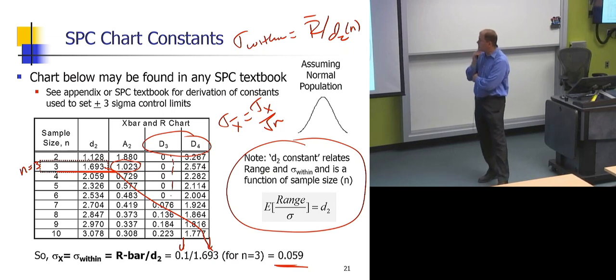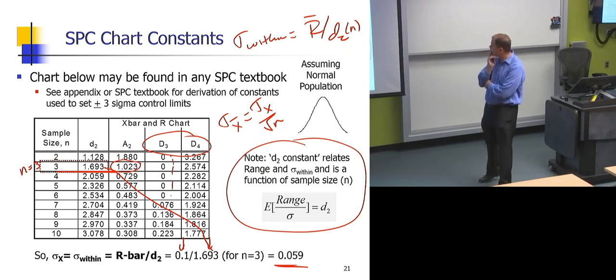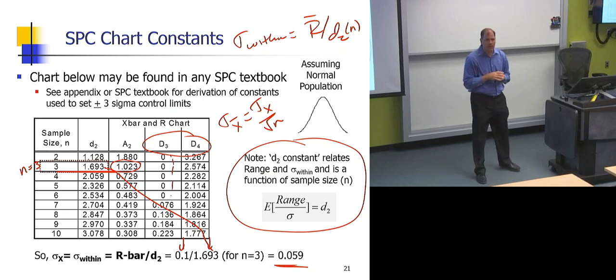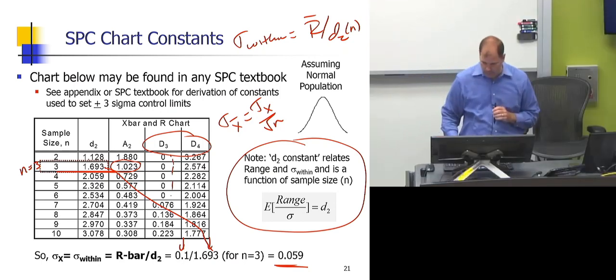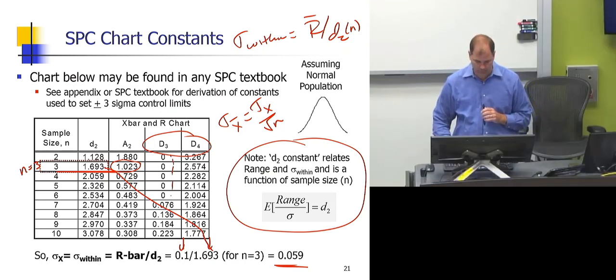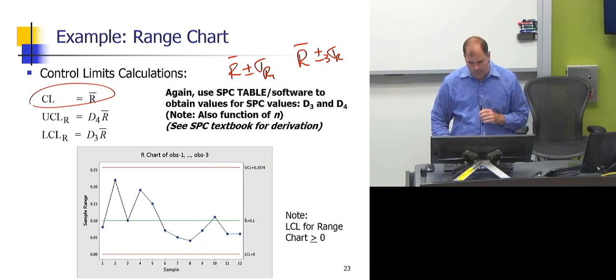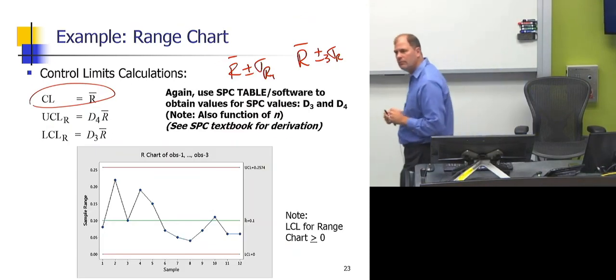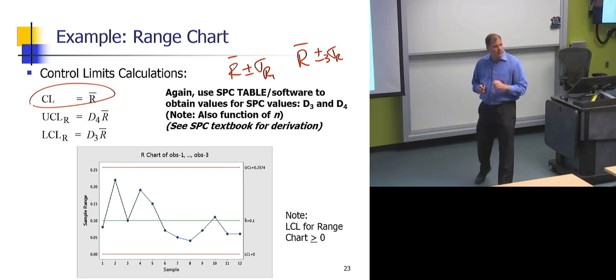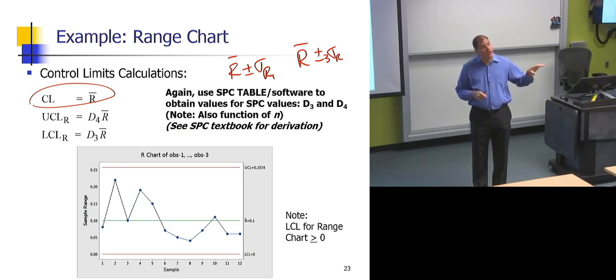All right, why do you think this is 0, though, for D3? Any thoughts on why that is set at 0? Why it's not a number? Let's say I run a formula and I do R bar minus 3 sigma r's and I get a negative value. What would be the problem with that? If I took minus 3 sigma r and I got a negative 0.1, what would be the problem with that?